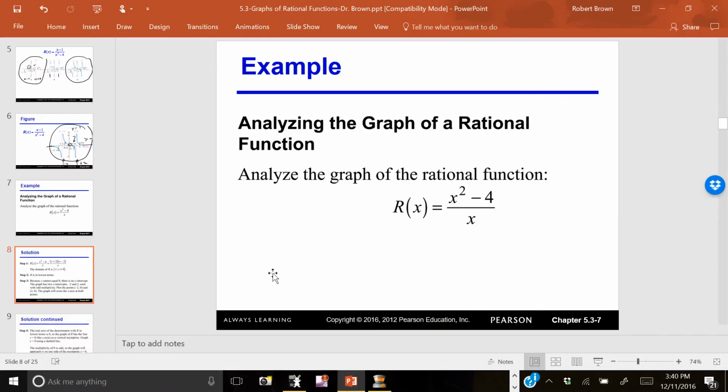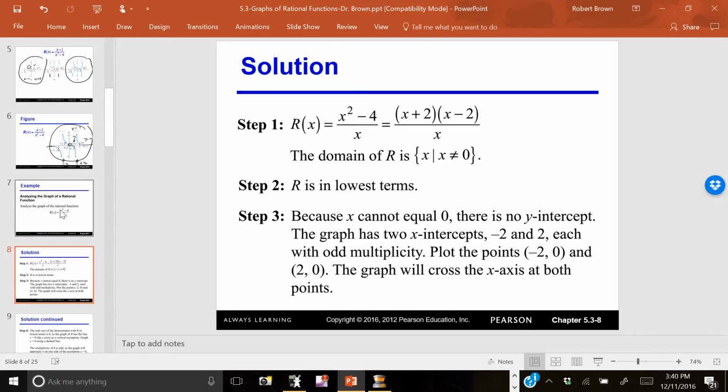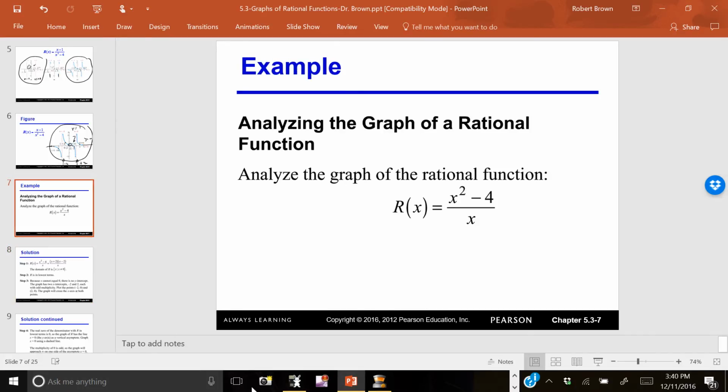Let's analyze another graph, another equation. r of x equals x squared minus 4 over x. Notice x cannot be equal to 0 because 0 is the denominator.